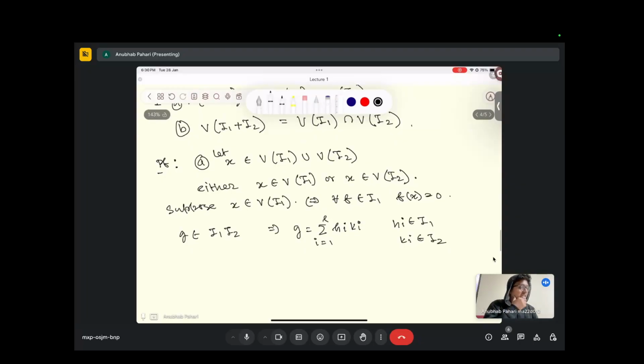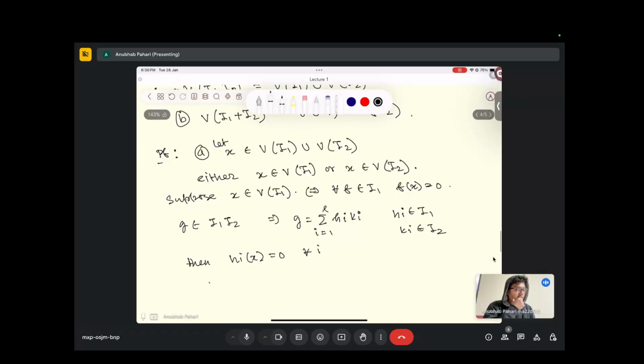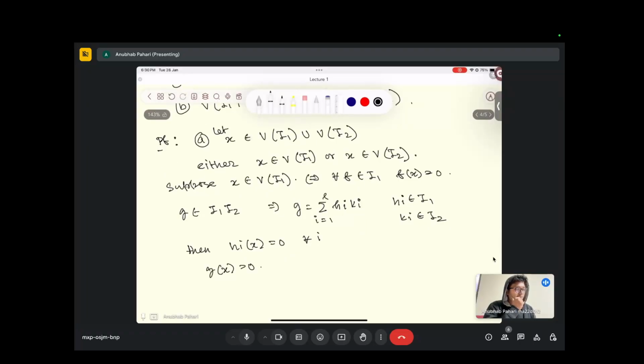So if x belongs to V(I1), then h_i of x equals 0 for all i, right? Then one can see that g of x equals 0. And g was arbitrary, right? So x belongs to V(I1 I2).